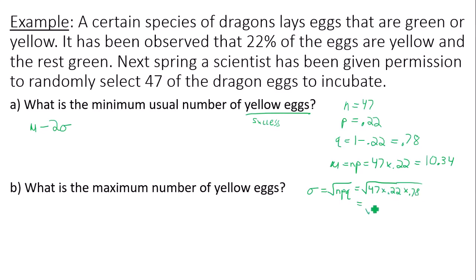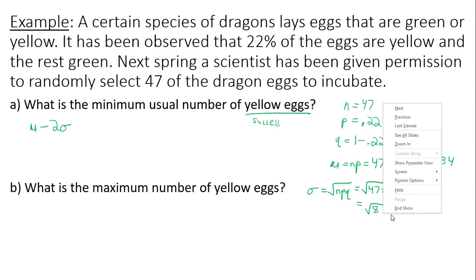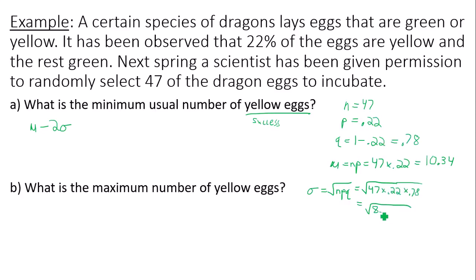It gives you square root of 8.0652, which is 2.84. That is my standard deviation. Now, the more decimal places you keep, the more accurate your answer is going to be as I find the minimum and maximum number of usual values. So if you want to, you can go out more decimal places than just 2.